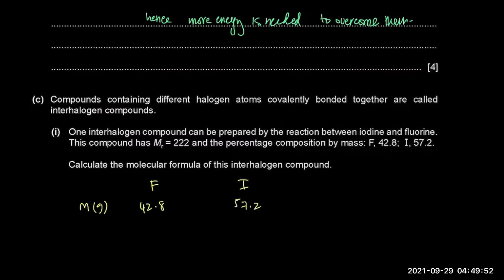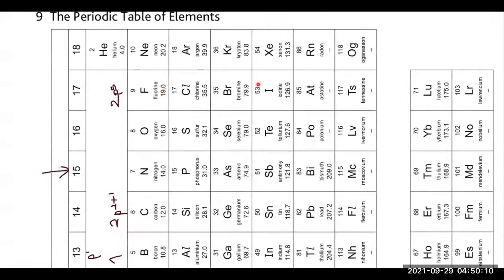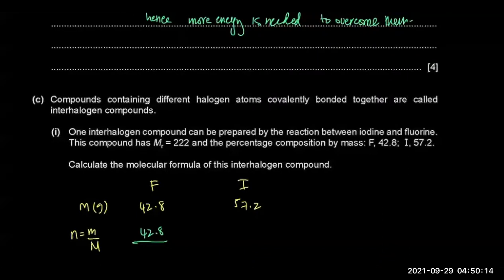So in terms of their molar ratios, the number of moles is just mass over molar mass, right? So how many moles of fluorine will there be? 42.8 divided by the molar mass of fluorine atoms. Here is your periodic table. The mass of fluorine is 19, okay? And iodine is 126.9 per atom. So the atomic mass of fluorine is 19 and iodine is 57.2 divided by 126.9.